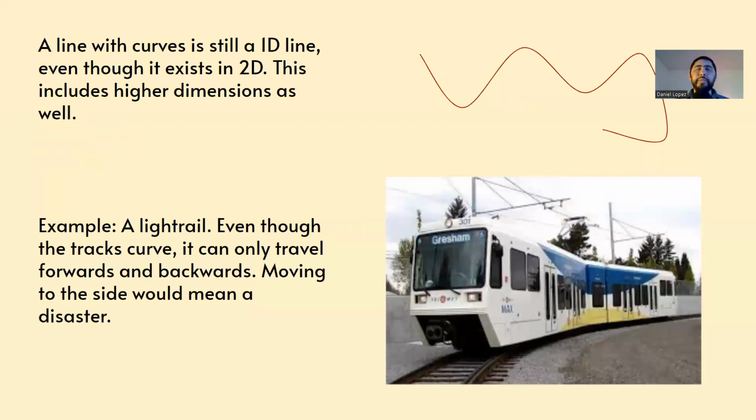An easy way to think about this is the example of a light rail. Light rails curve like that and such, but you only want them to go forward and backward on the track. You don't want them to go left to right because that would mean they're off the track, which is very bad. So one dimension can exist going squiggling around, but not moving off of that line.